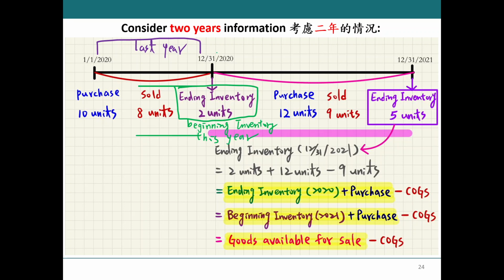What year is it for this year? 2021. So in the beginning, I have 2 units already.